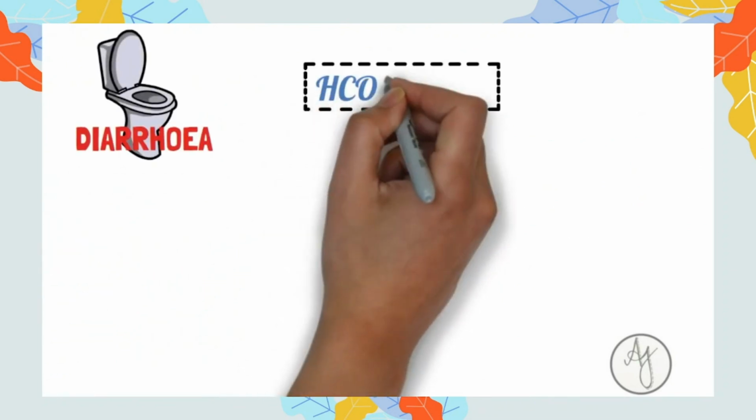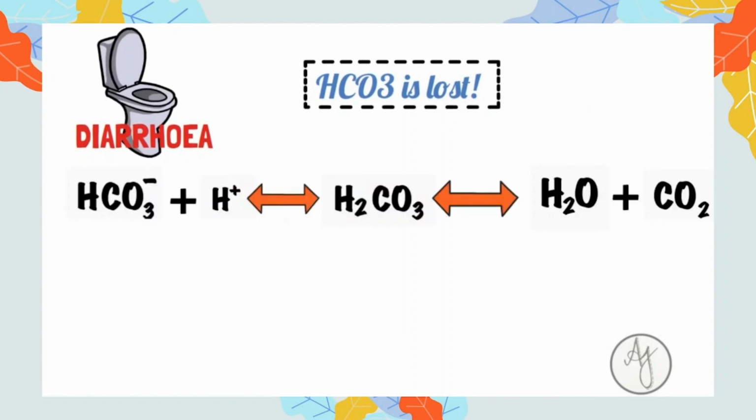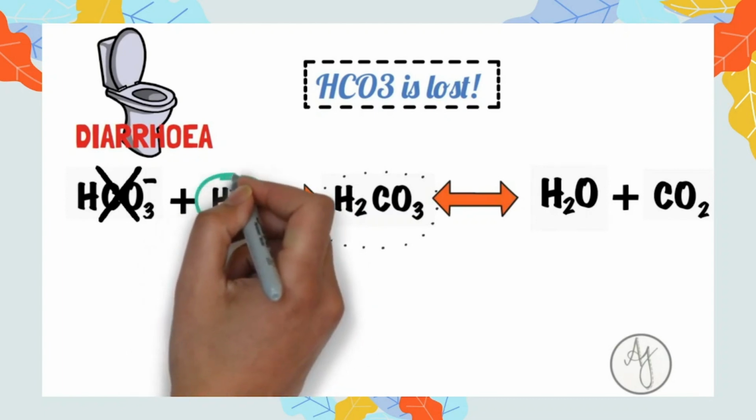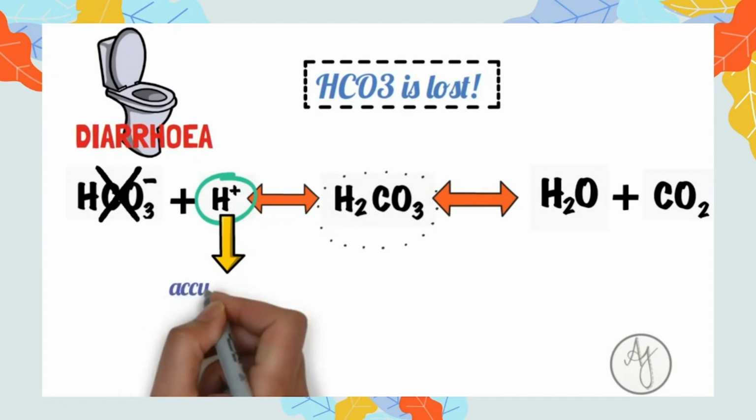So in diarrhea, what really happens? In diarrhea, the bicarbonate is lost. Bringing back the equation, if the bicarb is lost, to form carbonic acid we need bicarb to buffer the H+. Due to its loss, the serum is acidotic.